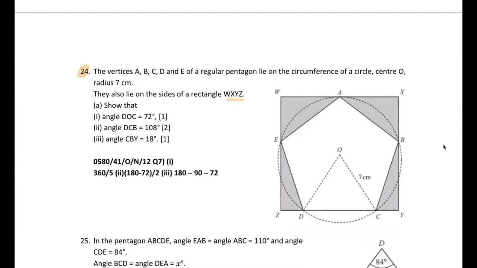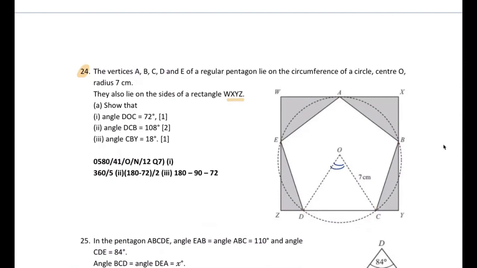Okay, so the vertices A, B, C, D, E of a regular pentagon lie on the circumference as well as on the sides of the rectangle. You need to show that angle DOC is 72. DOC is this angle.